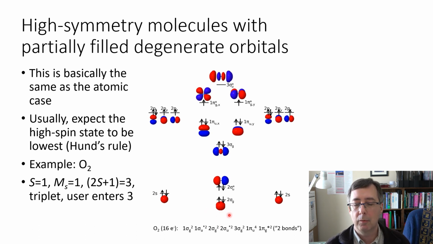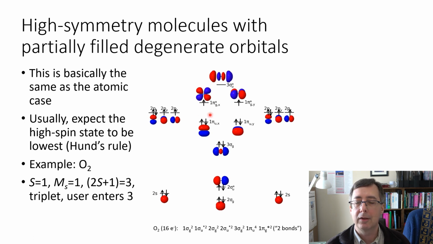I've not shown the 1s orbitals combining to form 1 sigma g and 1 sigma u star. But here we start with the valence electrons, so I fill these, and this, and that, and I finally have 2 electrons left, and I listen to Hund, who says don't pair these up until you have to, and I don't have to here. I can put one here and one here.